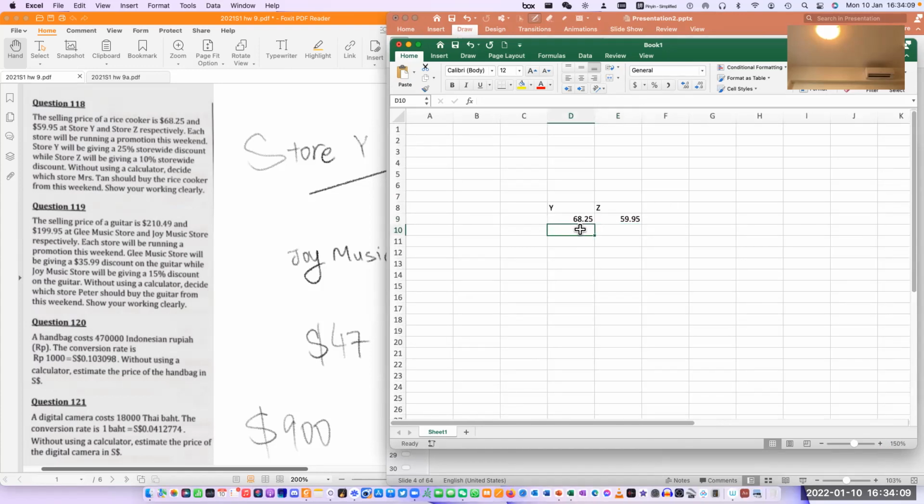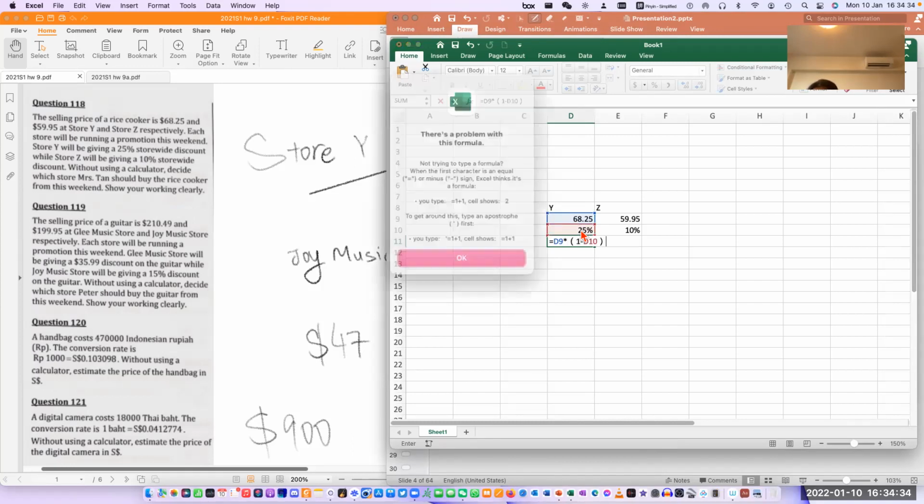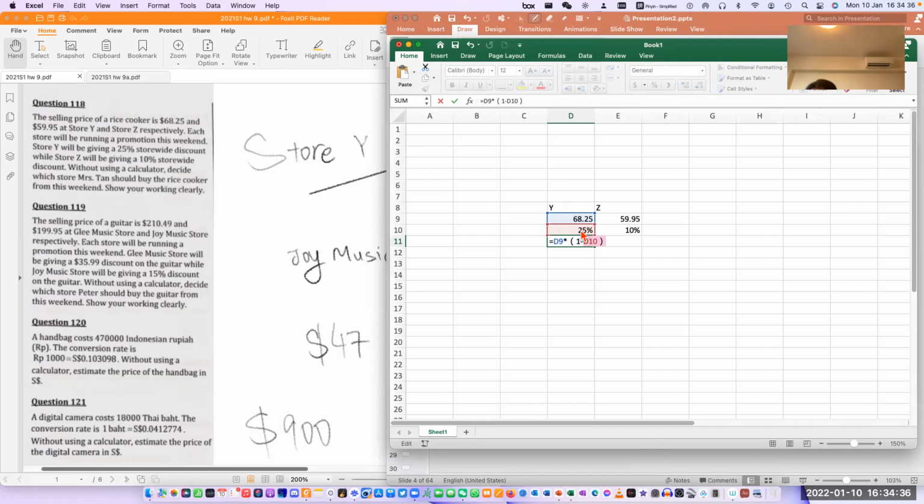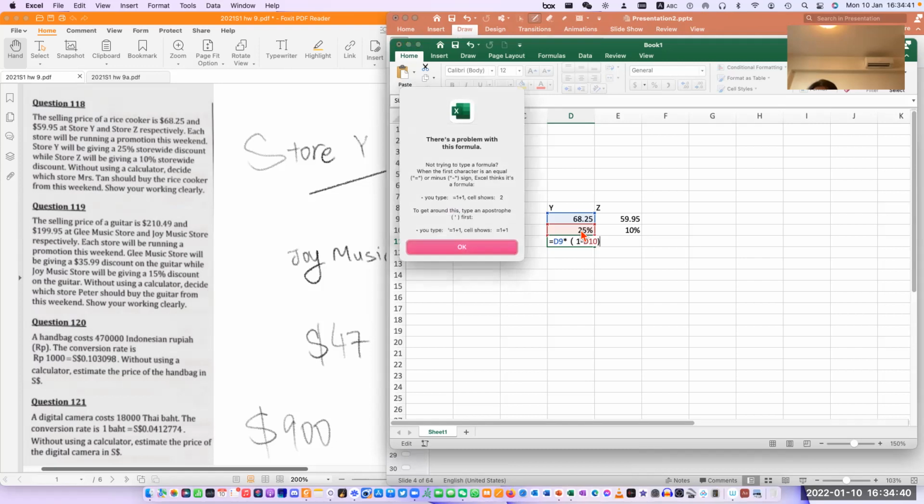I'm showing you using a calculator first. So you are getting a 25% discount, and this will be a 10% discount. So you will get this times 1 minus this, in brackets.